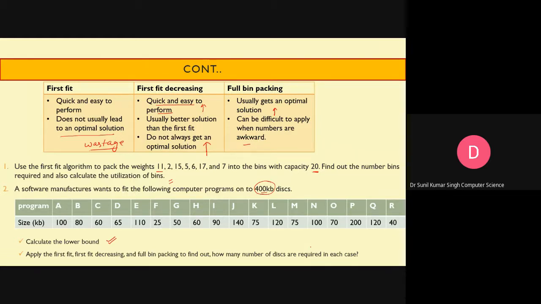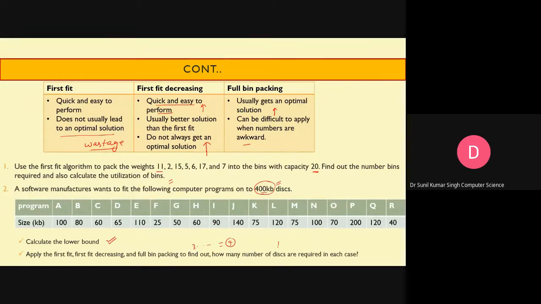So I hope it can be done. For finding the lower bound, you have to add these numbers and then divide by the capacity of the disk, that is 400. That will give the lower bound. I think it will be something like 3 point some value, so after the ceiling function it will give 4.